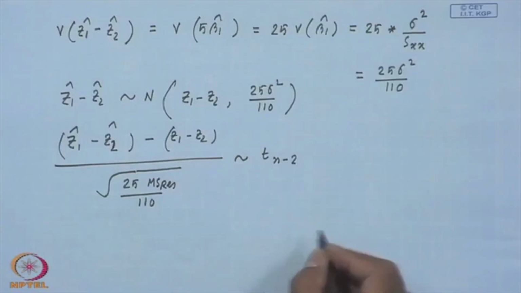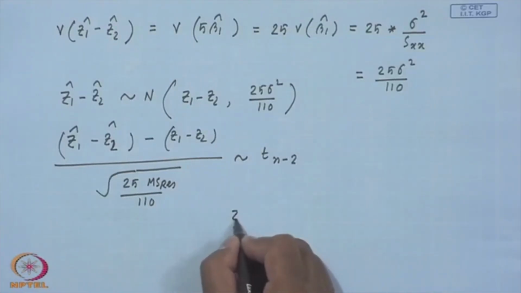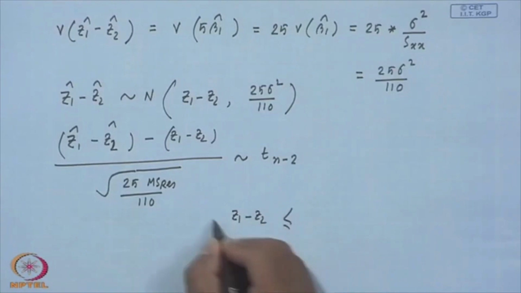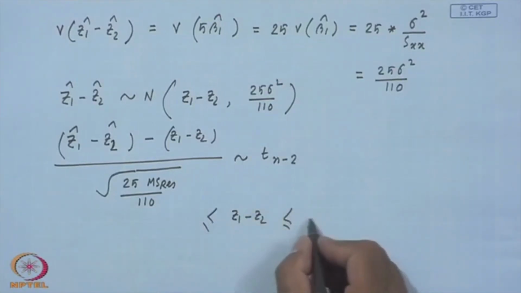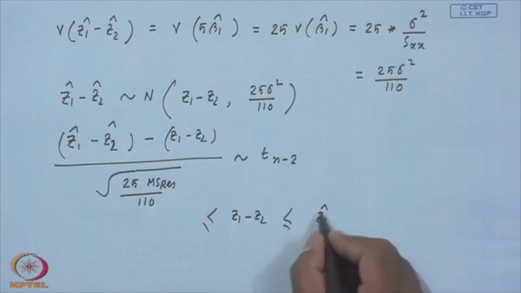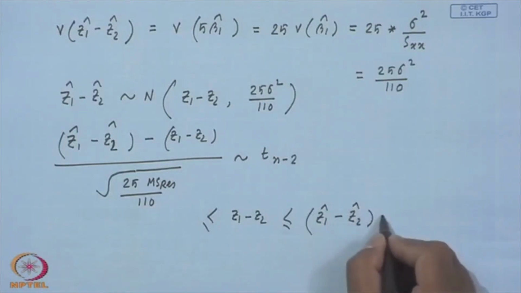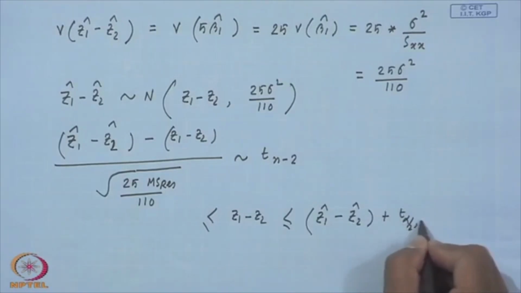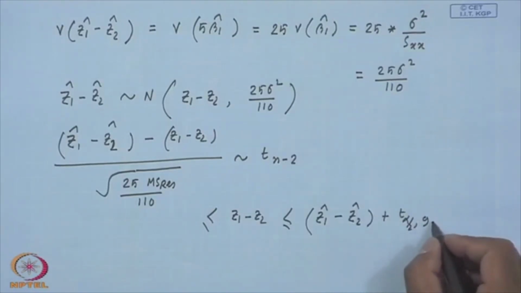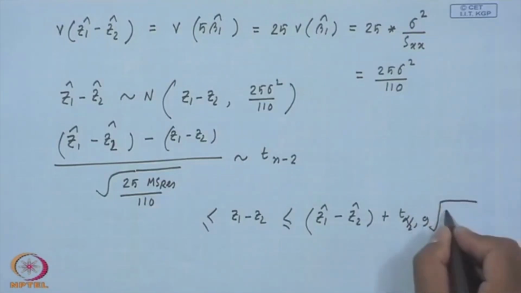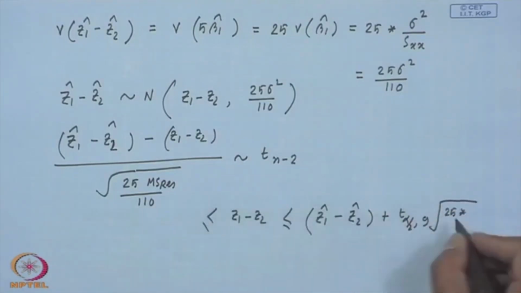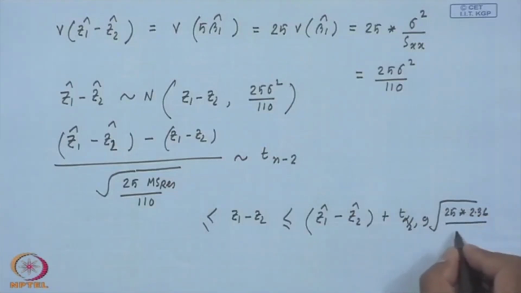And from here I can write that Z 1 minus Z 2 is less than or equal to Z 1 hat minus Z 2 hat plus t alpha by 2 with 9 degrees of freedom, and here it is 25 into MS residual, which is 2.36, and S x x is 110.